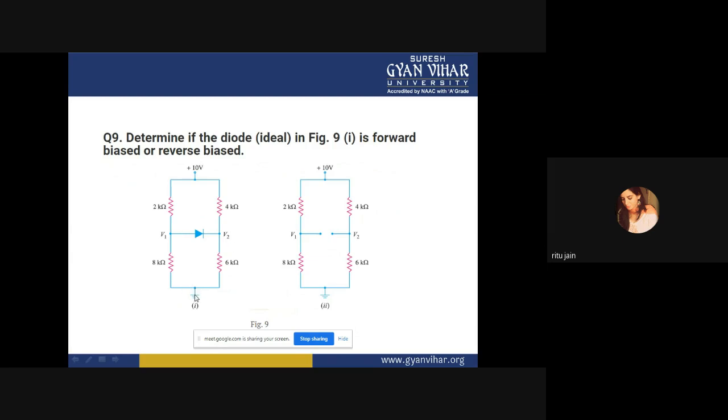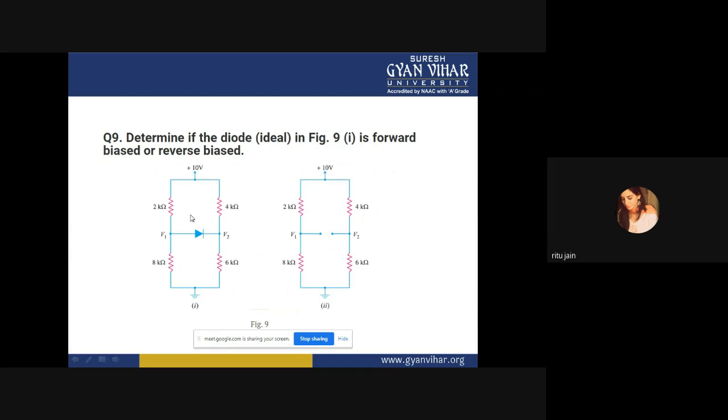This is connected to the ground, and there are two resistances. One is 8 kilo ohm, and another one is 6 kilo ohm.